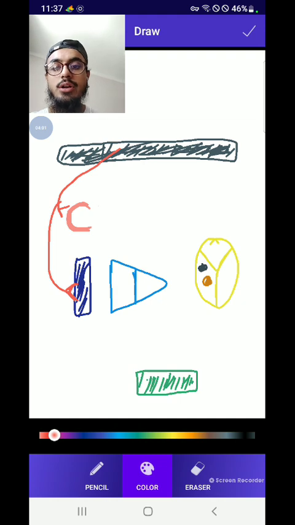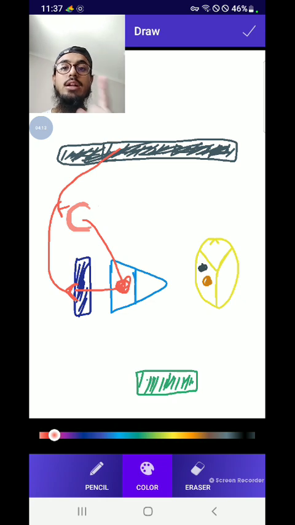From the caudate nucleus and from the putamen, the axons enter the globus pallidus externus. In the direct pathway it enters the globus pallidus internus, as I discussed in the previous video. In the indirect pathway it enters the globus pallidus externus, then it goes towards the subthalamus.